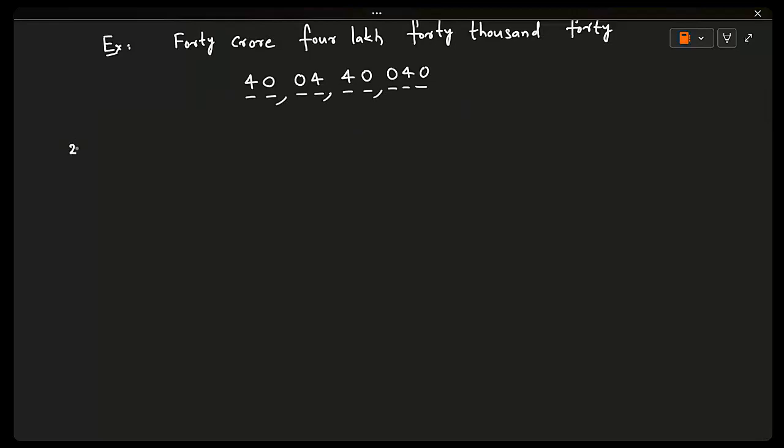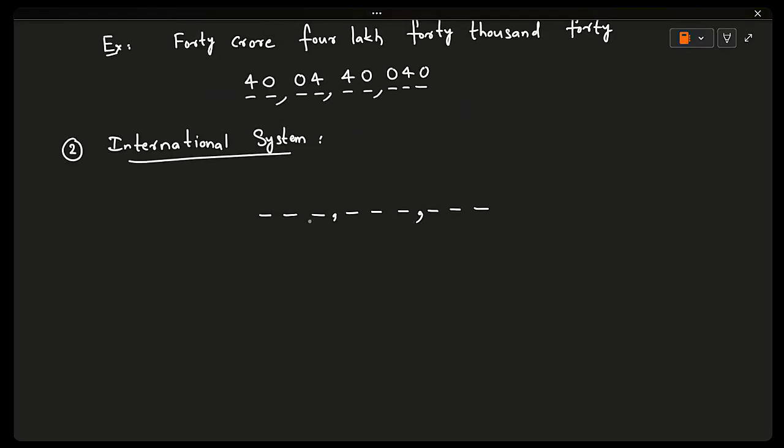In the international system also, in your syllabus, 9 digits are mentioned: 1, 2, 3, 4, 5, 6, 7, 8, 9. And they are also grouped into periods. But in the Indian system, we first grouped the first 3 digits, then two digits. In the international system, every 3 digits we separate: 3 digits, comma, 3 digits, comma.